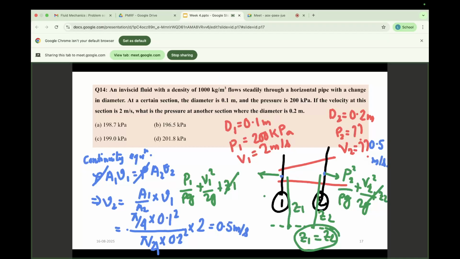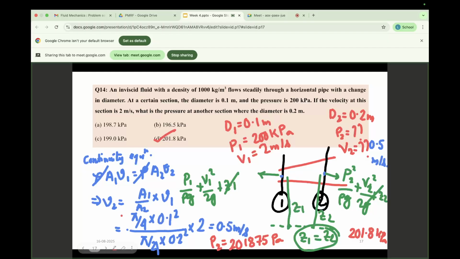Ultimately, if you calculate by equating 1 and 2, you will get P2 equal to something around 201.875 kilopascal. So converting it, I got it as 201.8 kilopascal. So the correct option is option D.